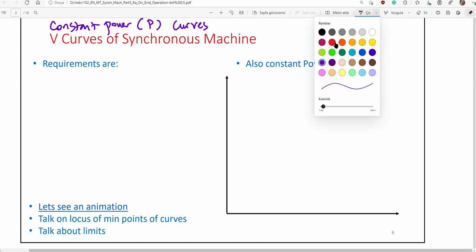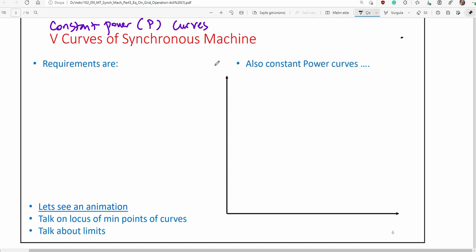The requirements mention an experiment. During the experiment we keep something constant. For example, the machine is a motor or generator, it doesn't matter.